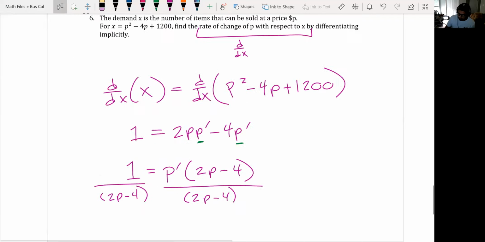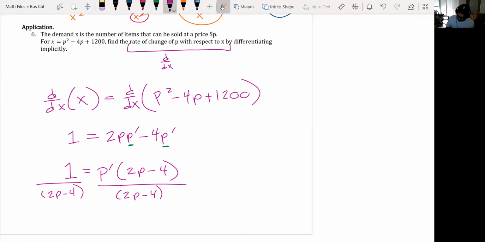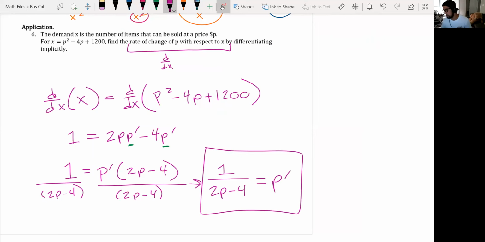And we get our answer as 1 over 2p minus 4 equal to p prime. And that's all it wanted.